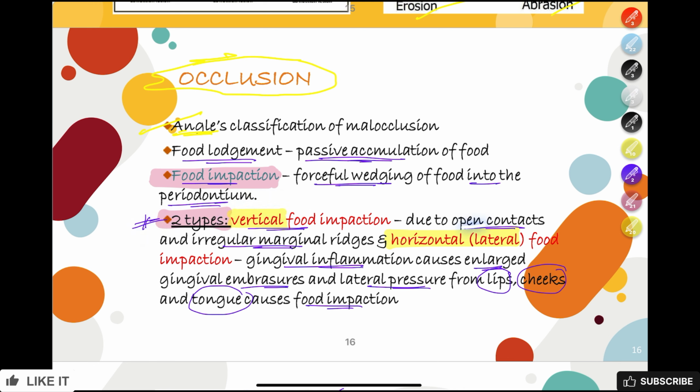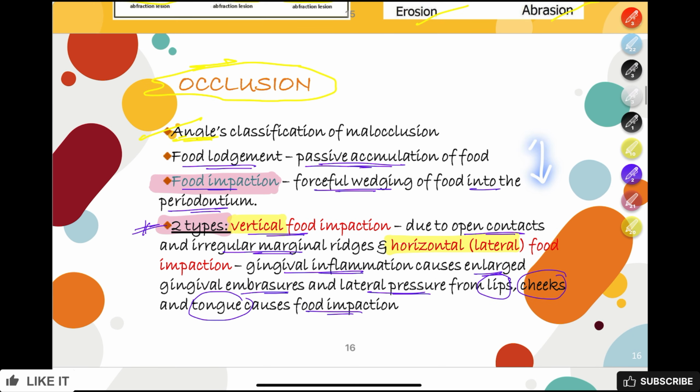Vertical food impaction occurs due to open contacts and irregular marginal ridges, and horizontal or lateral food impaction occurs due to gingival inflammation, which causes enlarged gingival embrasure, and lateral pressure from lips, cheeks, and tongue causes food impaction.